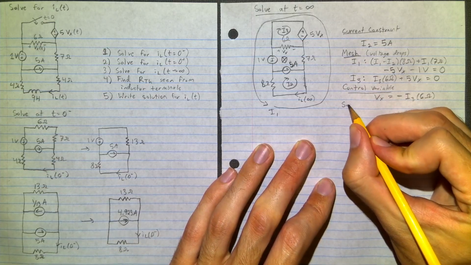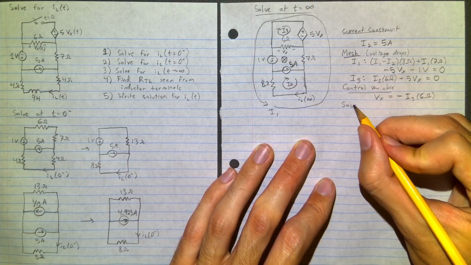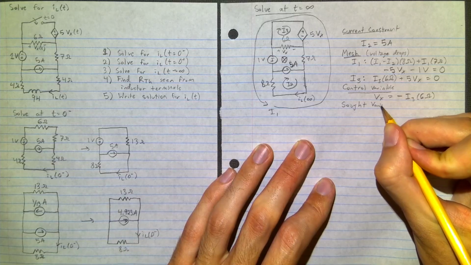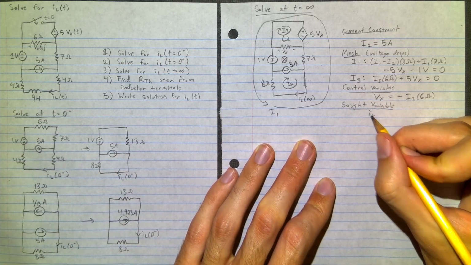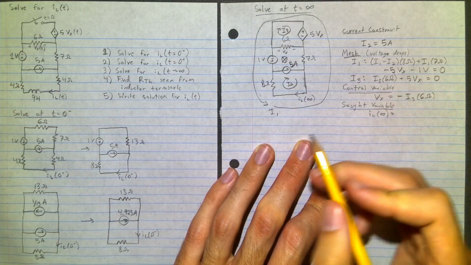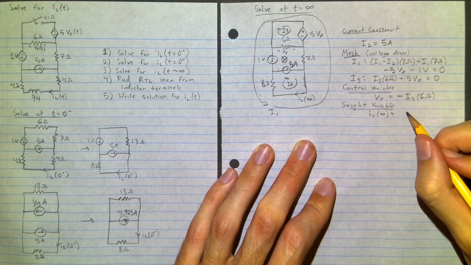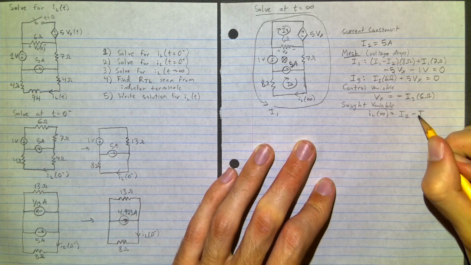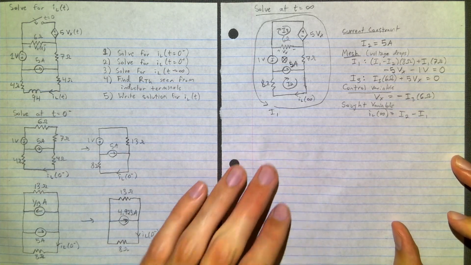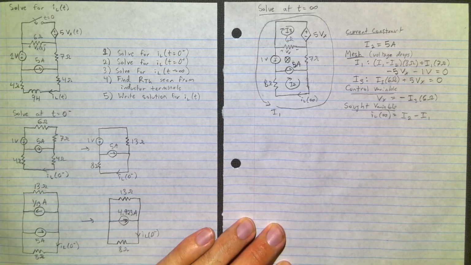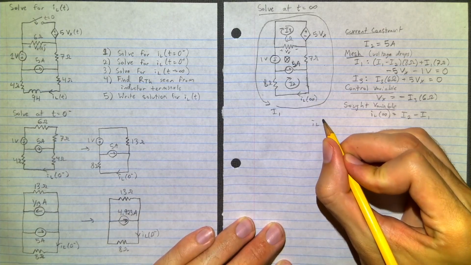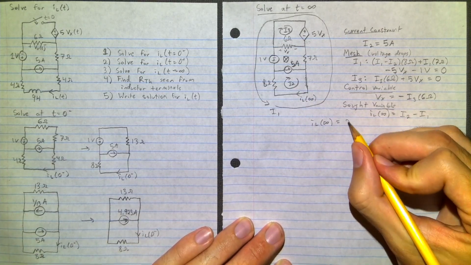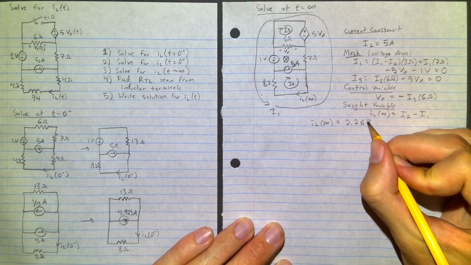And then for our sought variable, which is IL of infinity, that's just going to be I2 minus I1. Now we have all of our equations that we need, and then we solve for this system of equations, and then our sought variable comes out to be 2.267 amps.